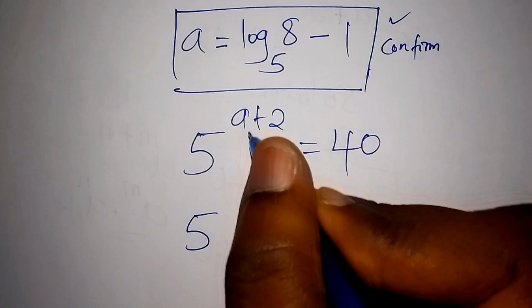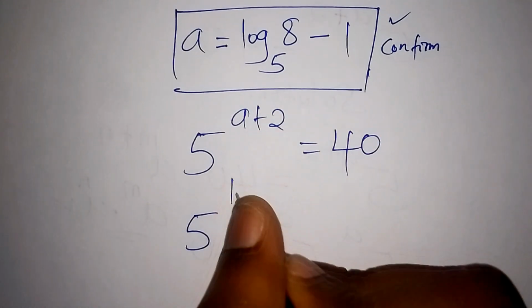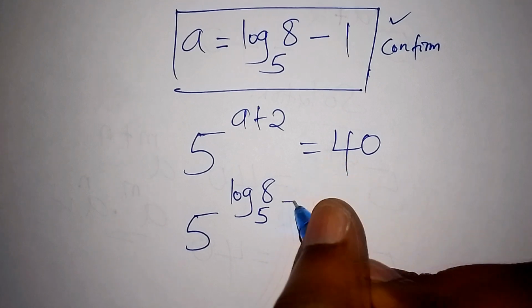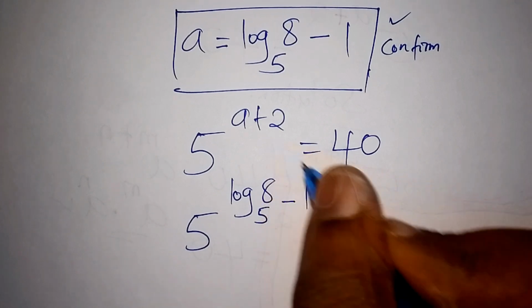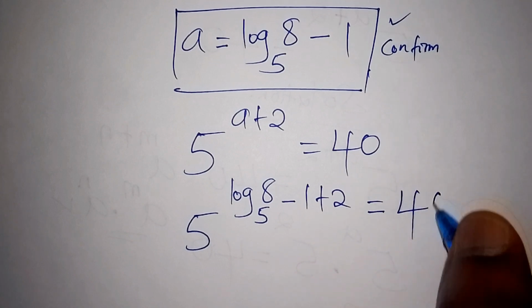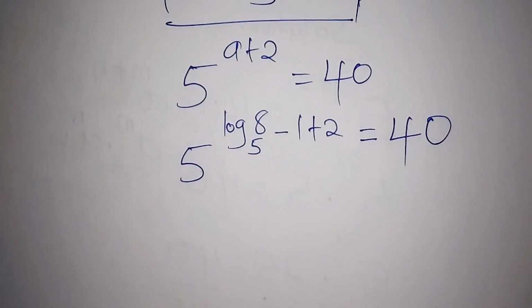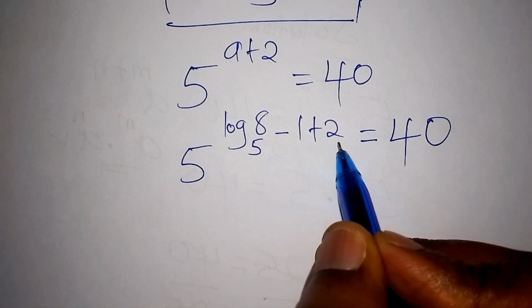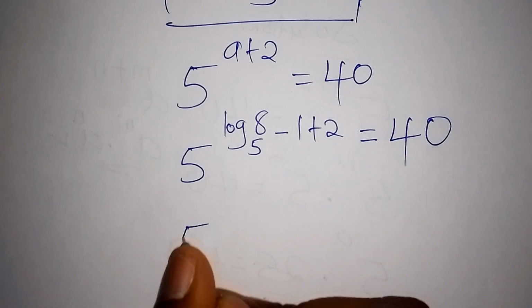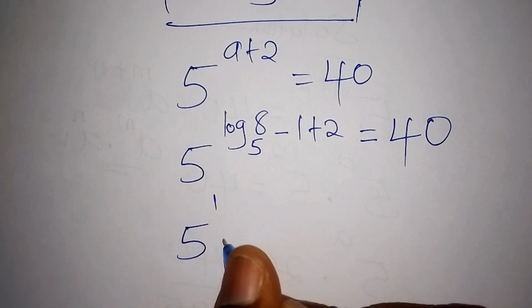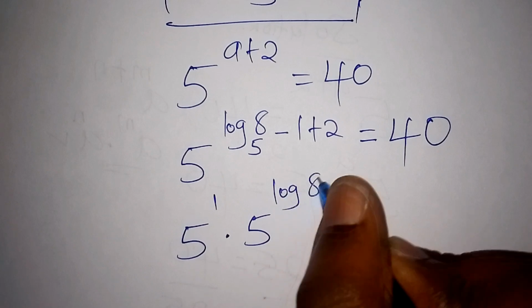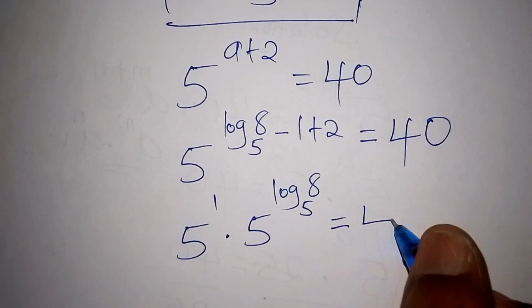Instead of writing a, we have 5 to the power of the log of 8 to the base of 5, minus 1, plus 2, is equal to 40. Here, minus 1 plus 2 gives positive 1. In short, we have 5 to the power of 1, then multiplied by 5 to the power of the log of 8 to the base of 5, is equal to 40.